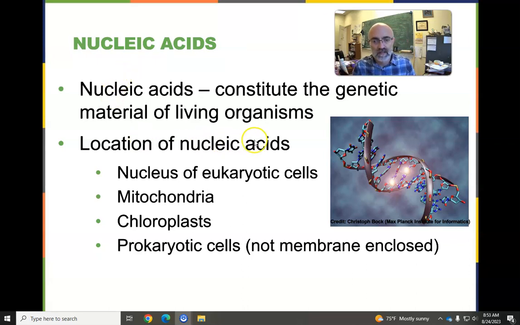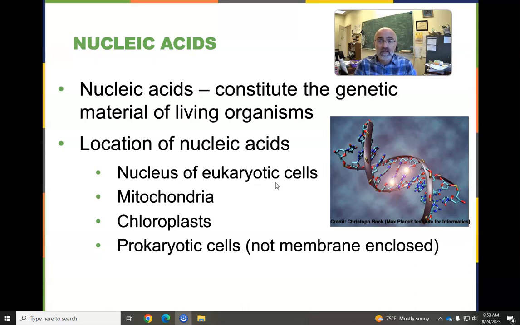Okay. So where do you find them? We know in our eukaryotic cells, and really all plants, fungi, protists, we find those nucleic acids in the nucleus of the cell, right? But your mitochondria actually have their own DNA. This is the DNA that's passed down. You get all of your mitochondria in the egg from your mother.